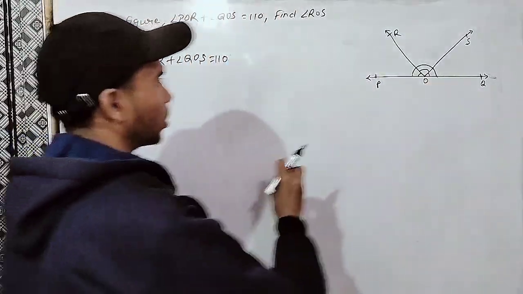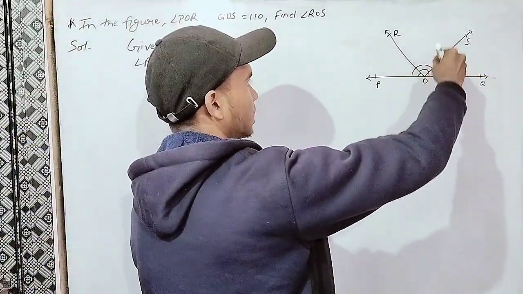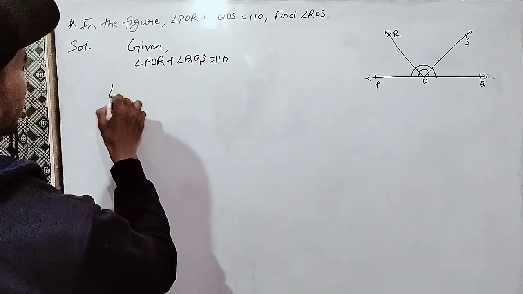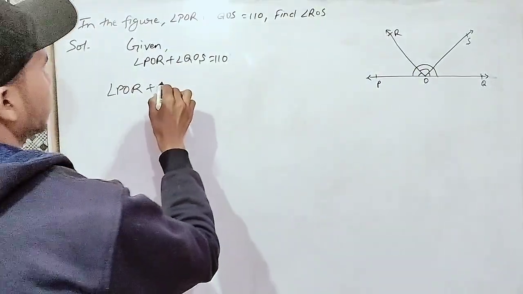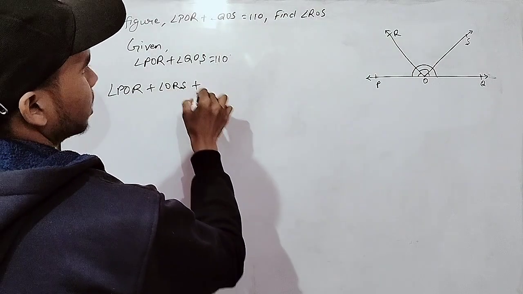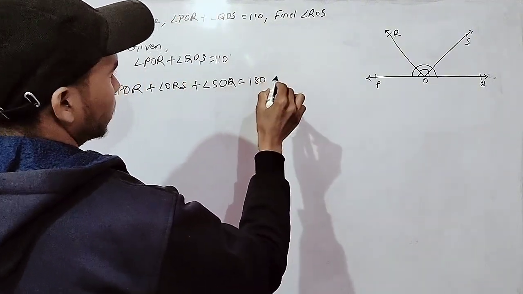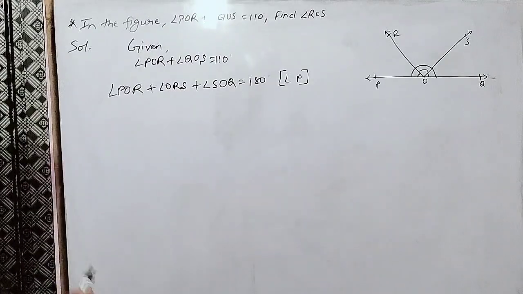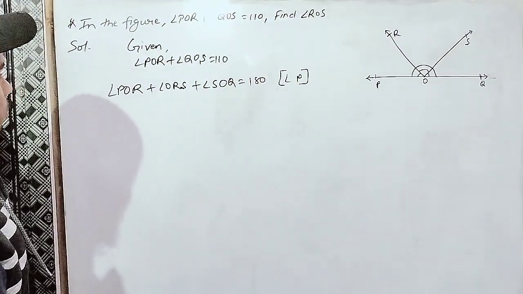We know that the sum of three angles would be 180 degrees because these three lines are on a straight angle. So first of all, angle POR, then angle ROS, then SOQ is how much? 180 degrees. Can we say it is a linear pair? It will help. We don't know when, but it will help.